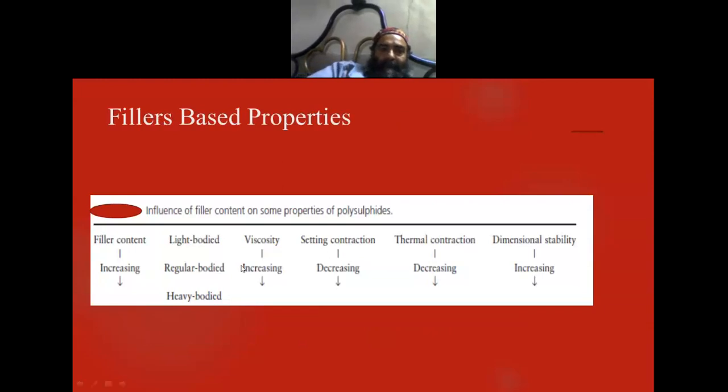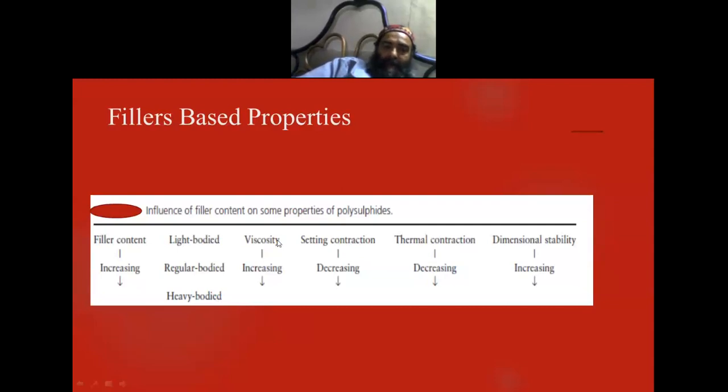Now, if we see the filler based properties, as the filler content is increasing, light bodied has less or no filler content. If filler content is increased, then regular bodied, and if it is increased again, then we have heavy bodied.